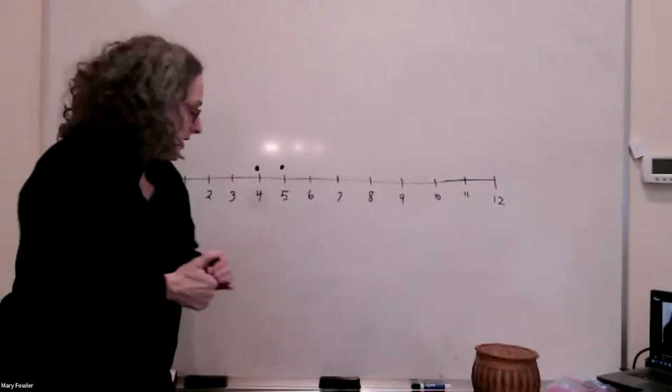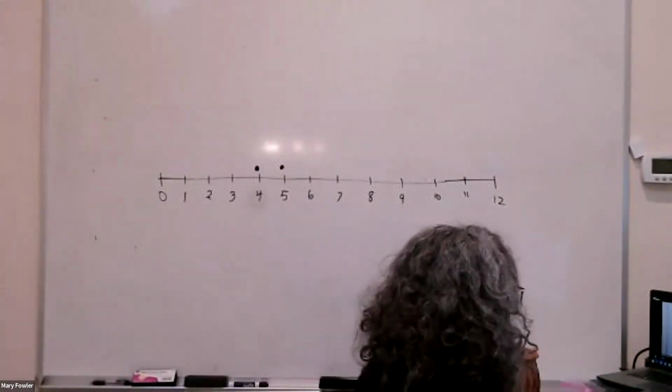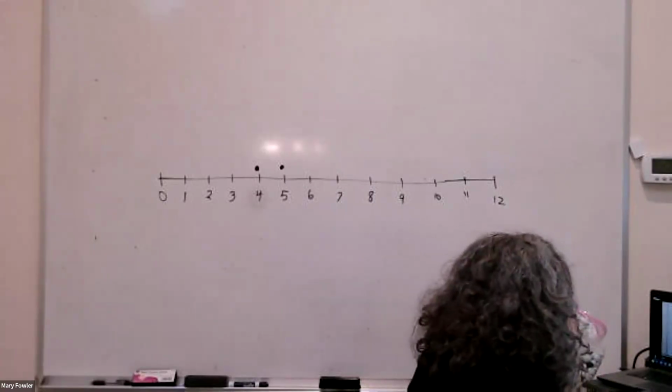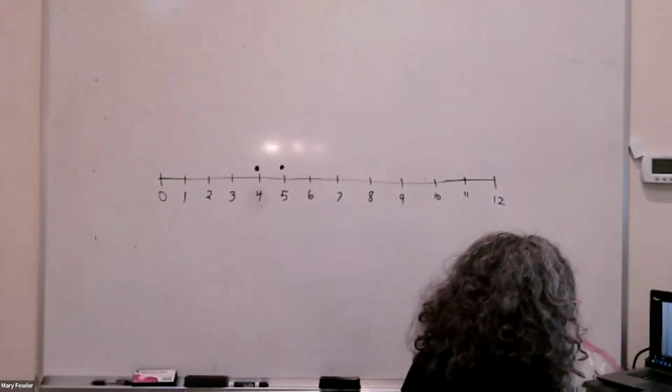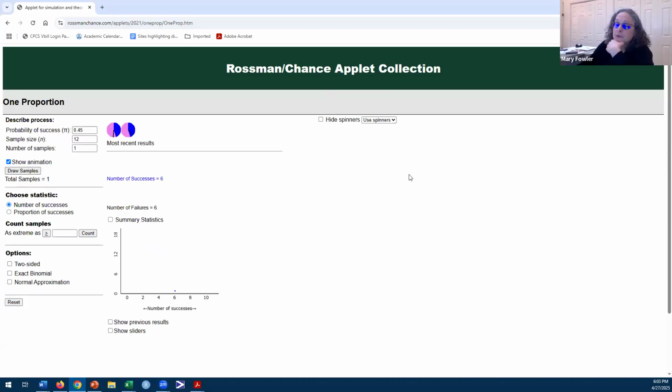And in order to facilitate that, we're going to use some computer-based simulation. I'm using here the Rossmann-Chance applet collection. We're going to model what's going on with the jewels by the probability of a black jewel. Heads will be black, 45%. We took a sample of size 12, and we can draw a sample here.